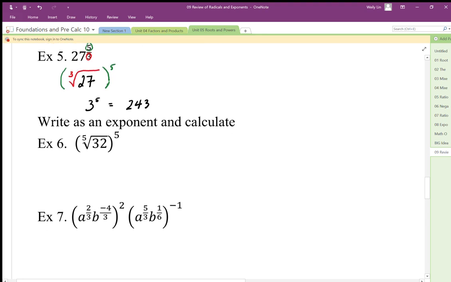Here we have a fifth root and a fifth power. Well, I can convert this to an exponent and calculate this, but I also know that these are going to undo each other, so I should end up with 32. And in fact, if I write this as a power, I have my power 5 in the numerator and my root 5 in the denominator.